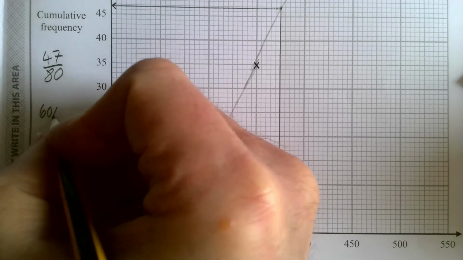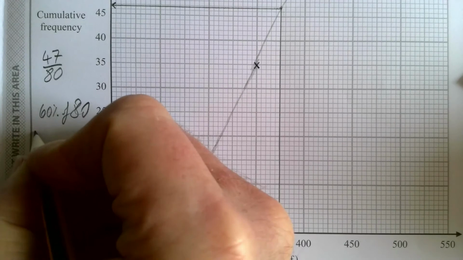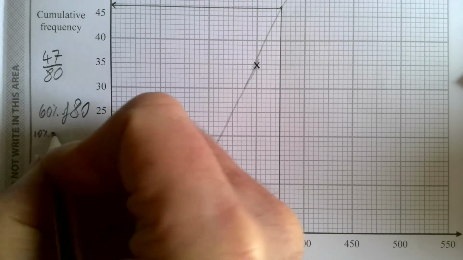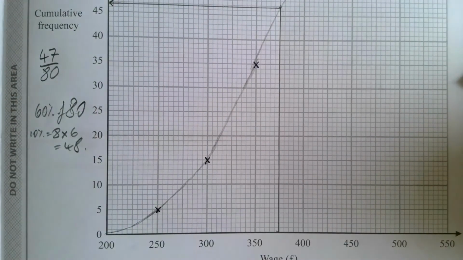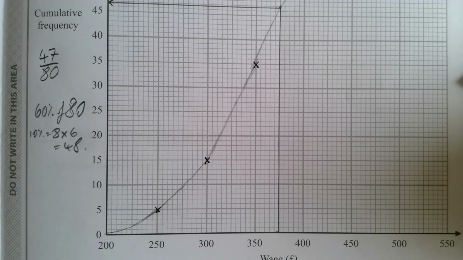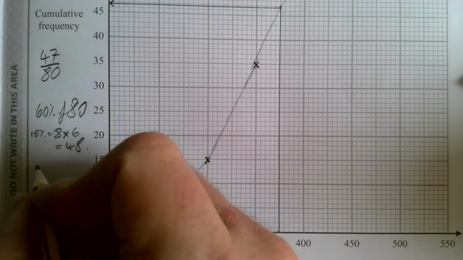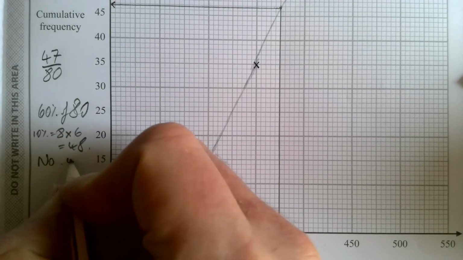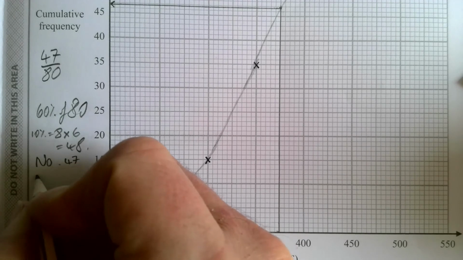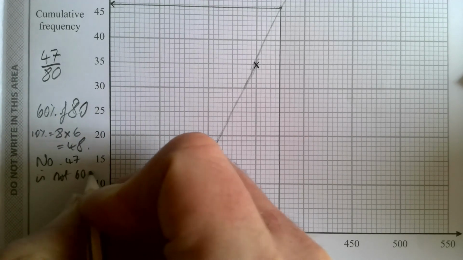60% of 80, well, I know that 10% is 8, times 6 is going to be 48. So that looks pretty close, but not quite. So I would say no, 47 is not 60%.